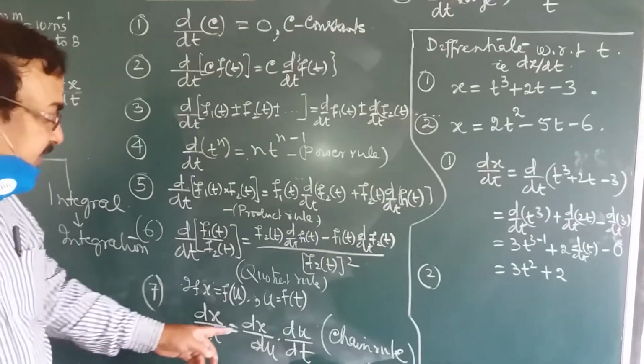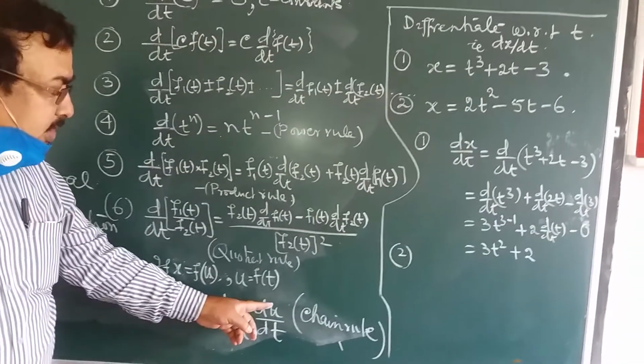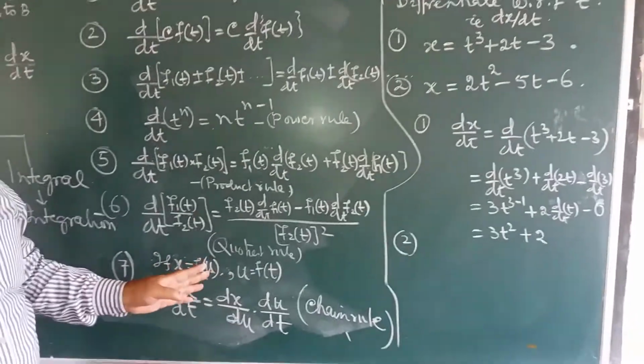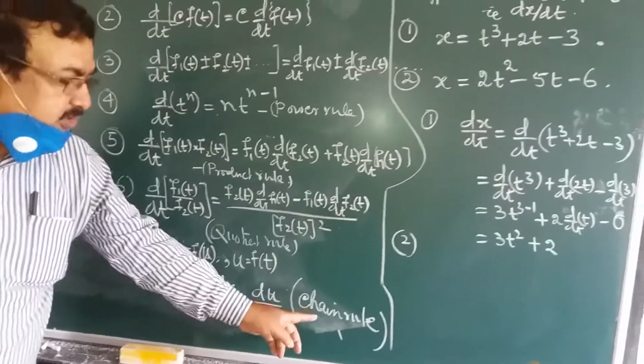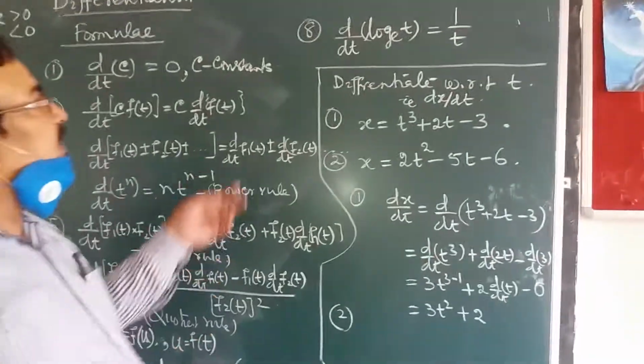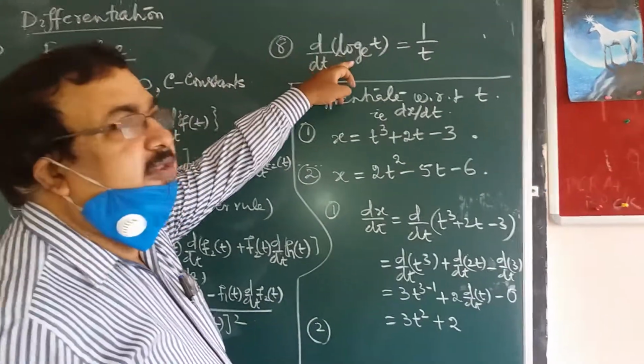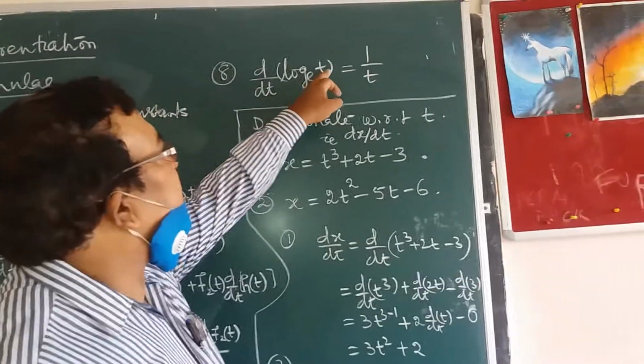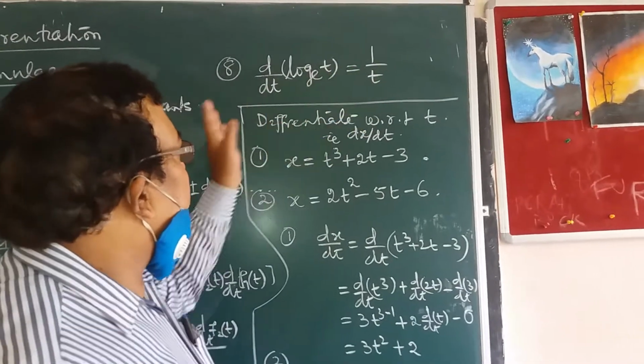Then dx by dt is dx by du into du by dt. Don't cancel the du, that is algebra, this is calculus. This is called the chain rule. And one more formula I am giving: for the logarithmic function, log to the base e of t, the derivative is 1 by t.